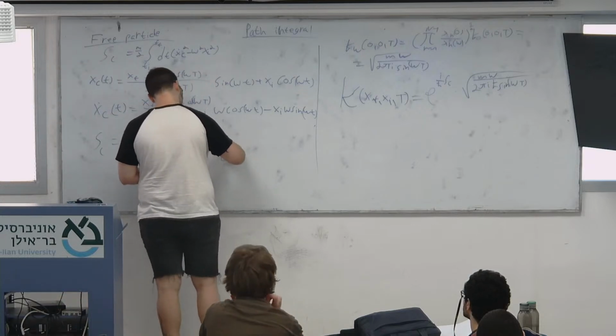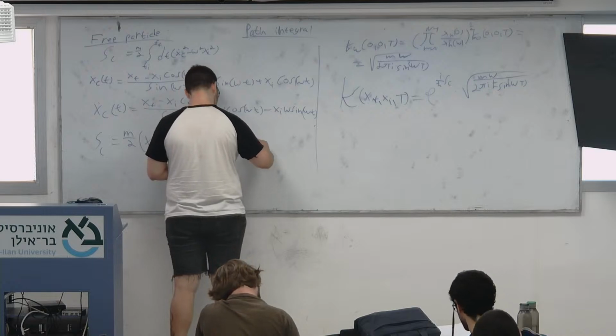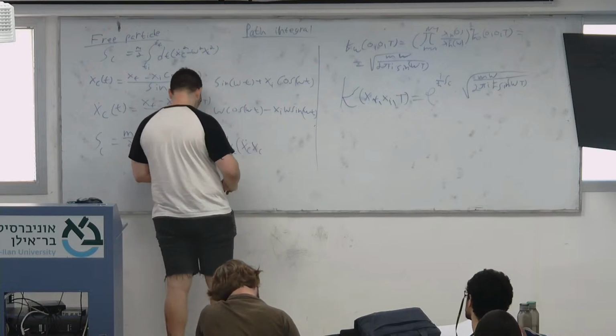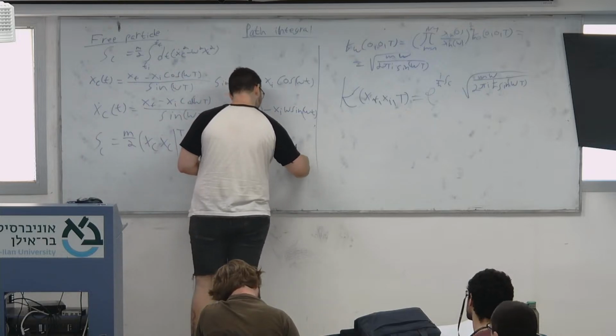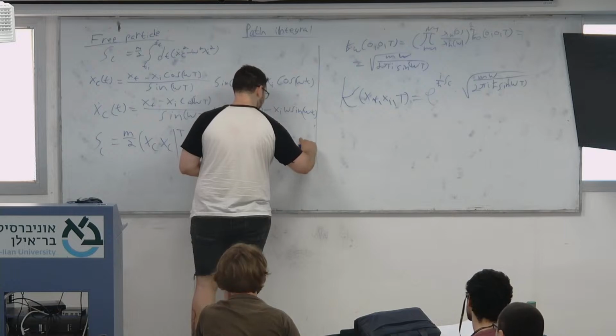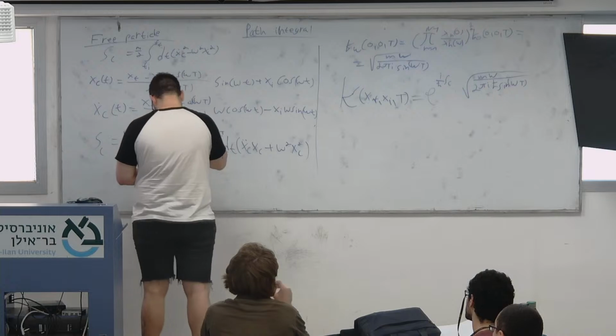Fine. Yeah, it's values that you can choose. Right. By 1, and you can take 0. Right?